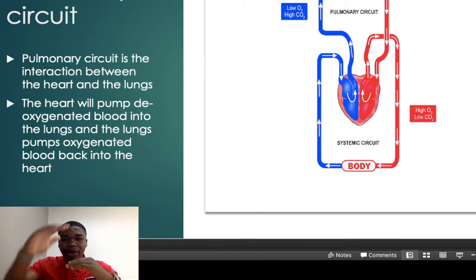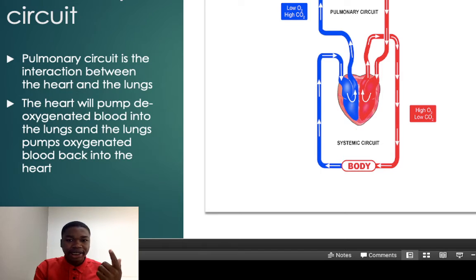The top half of this structure is the pulmonary circuit because it's an interaction between the heart and the lungs. Then the bottom part is the heart and the body, so it's called a systemic circuit. The heart will pump deoxygenated blood into the lungs, and the lungs send oxygenated blood back into the heart, as we have said.